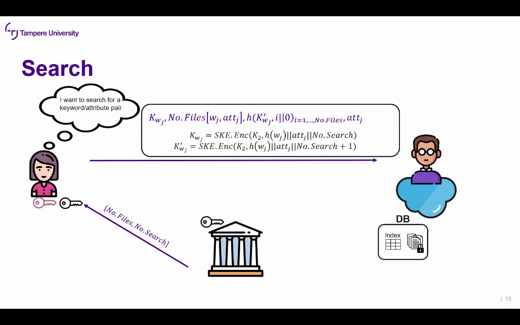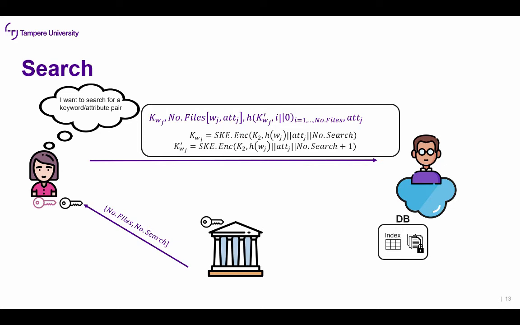So the search token consists of the unique keyword key for the keyword that Alice is looking for, then the number of files for that specific keyword attribute pair, and finally a hash of an updated keyword key. So this hash of the updated keyword key is actually the new address on the dictionary.